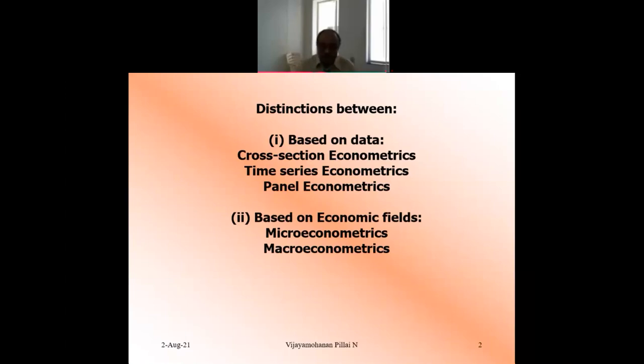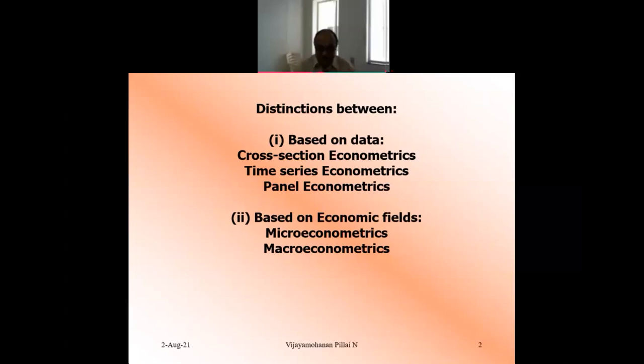The last two are very much important in the context of financial econometrics, especially time series data sets. In some cases, we also use panel data in financial econometrics, but mostly time series. So we have some separate sessions on time series econometrics. Otherwise, today we will be dealing with general econometrics.